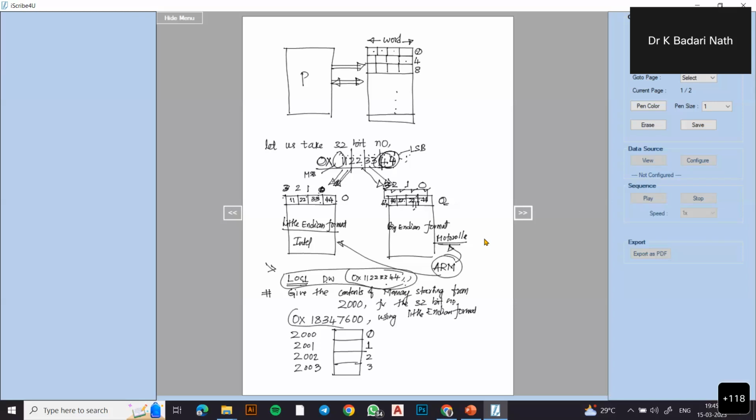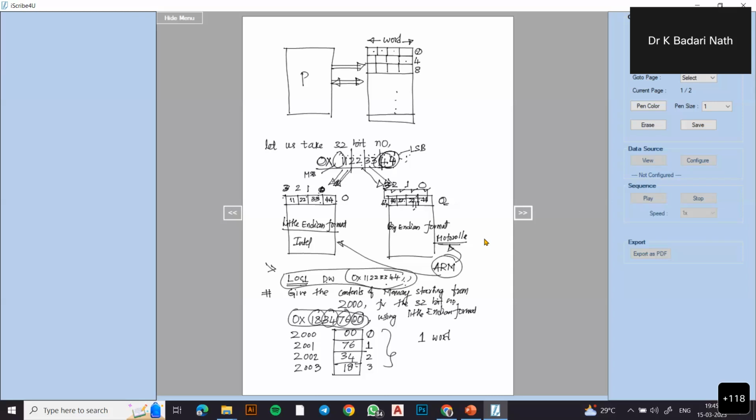Now, what is my data? This data I want to store. I want to know how it's represented in memory. The whole of this refers to what? One word, a 32-bit number. Since it's Little Endian format, the least significant byte is 00, so I'll copy 00. The next byte is 76, I'll write here. Next is 34, I'll write the 34 here. Next is 18, I'll write the 18 here.